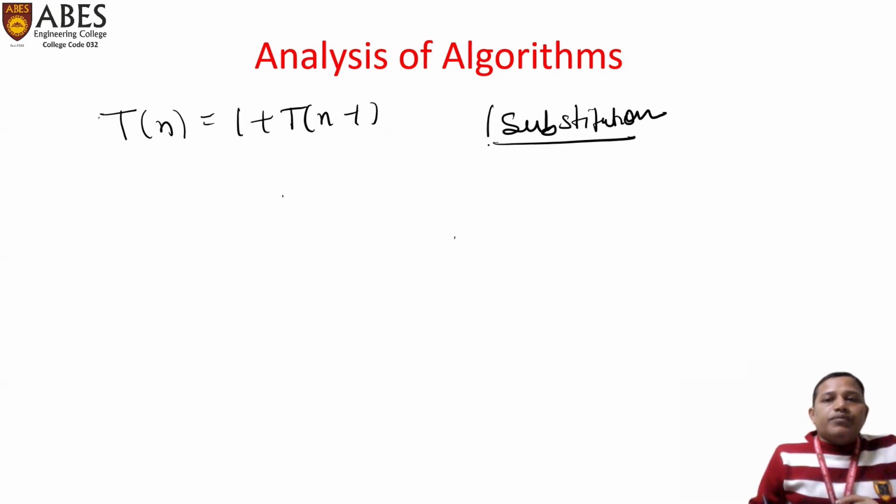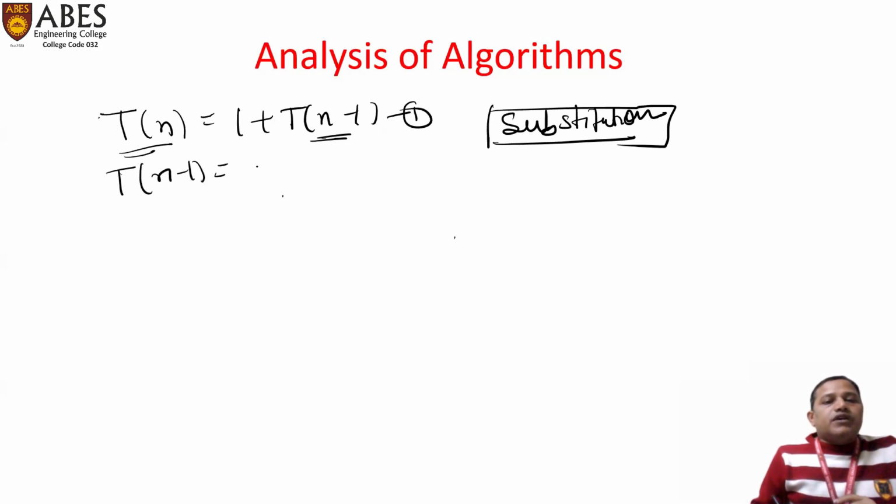We will take the example of the substitution method. So we will substitute or reduce the value of the input. That is, if this is equation number 1, then we will put n minus 1 in place of n. This will be T(n minus 1 minus 1), that is 1 + T(n minus 2).